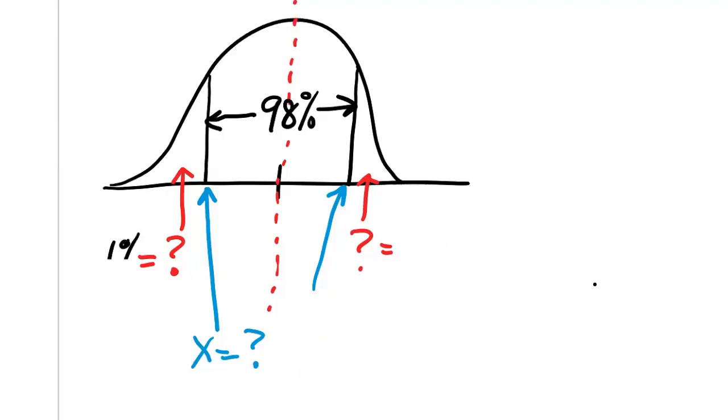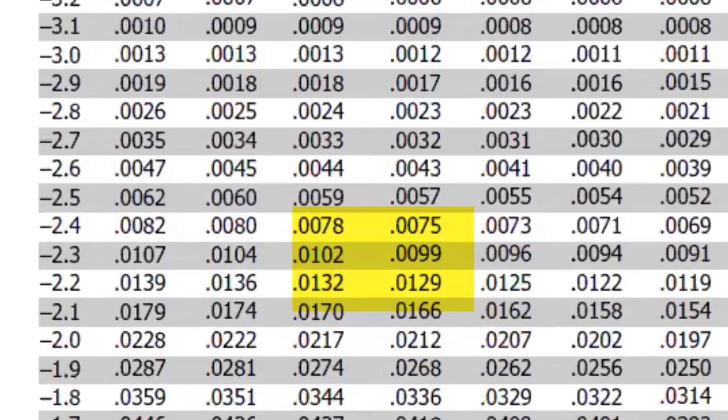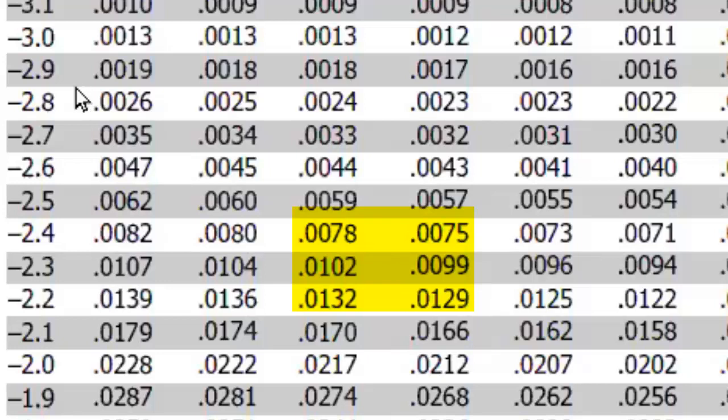Because it's 2% divided in half. So then when I go to my Z chart, I'm going to look up something really close to 1%. So I'm looking in the table for 0.01. 0.01 is really close right there.